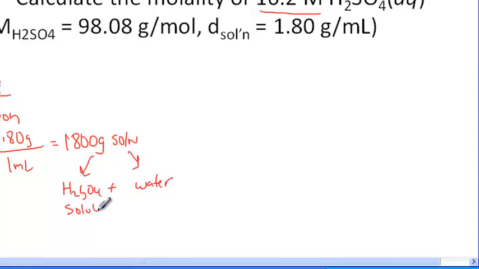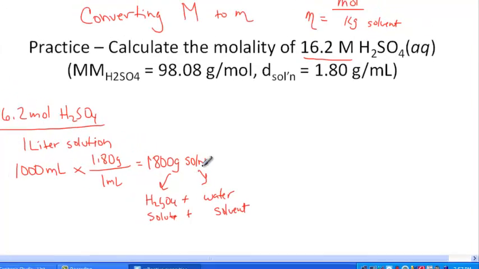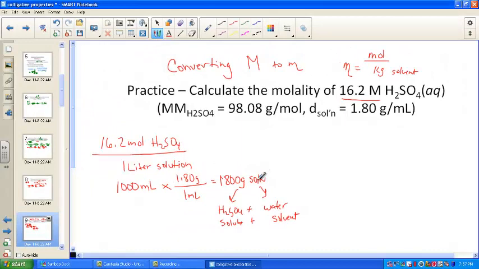The solute and the solvent create the whole 1,800 mass of solution. When we convert underneath here for the kilogram, we already know the moles. That's the same, 16.2 moles of the aqueous acid. But what about just the mass of the solvent, which is the water in this case?